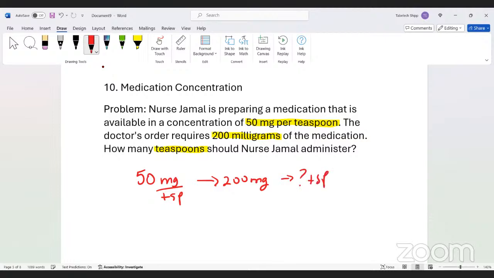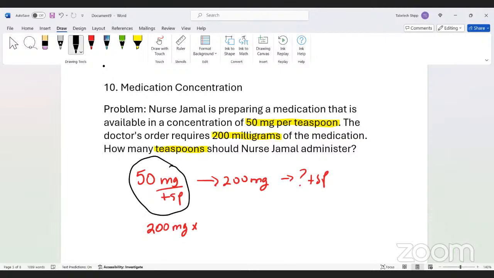Okay. So, in order to do this problem, you should first start off with the 200 milligrams. Okay, let's see. Ezra Light says 4 teaspoons. Let's see if you're right. So you've got 200 milligrams, okay, times. So again, because we want to know teaspoons, you're going to put the teaspoon on top. So this is where you're going to have to flip this conversion right here. You see this?